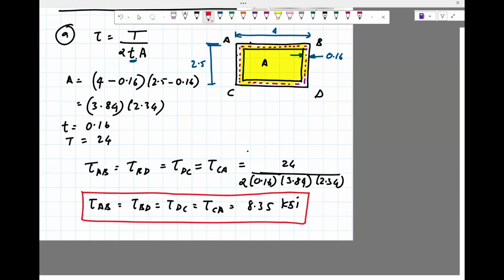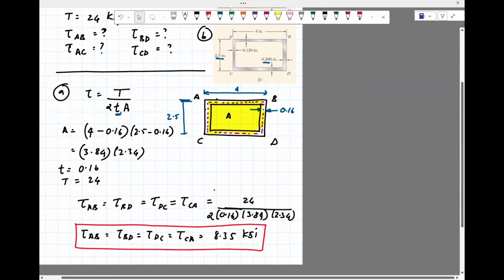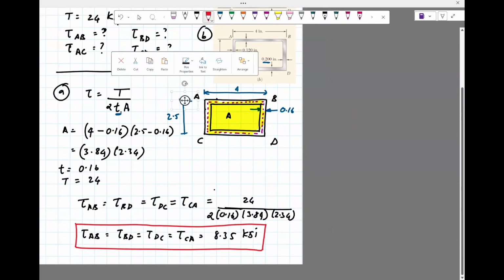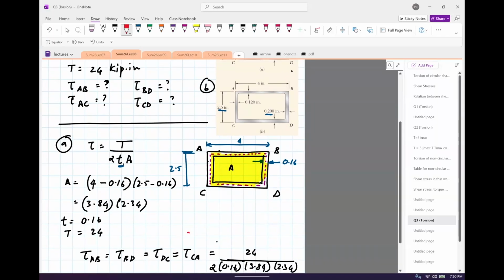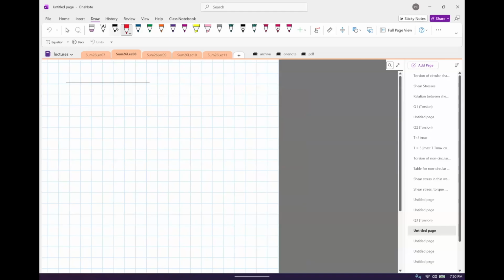Okay, so that was pretty straightforward. Let's do the second one, which is more interesting because now we're dealing with a non-uniform thickness. The thickness is not the same for different parts of the beam. So I'm going to redraw that one. I'm going to exaggerate this so it's easier to see.